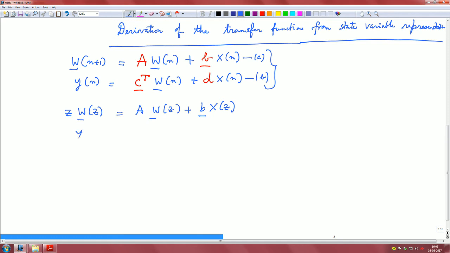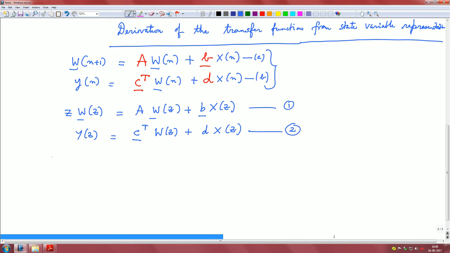And then Y of z is C transpose W of z plus D times x of z. Okay. Now I can rewrite this equation. Let me call this equation 1, let me call this equation 2.